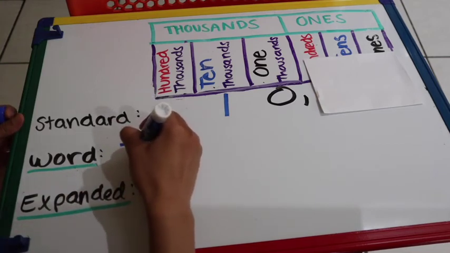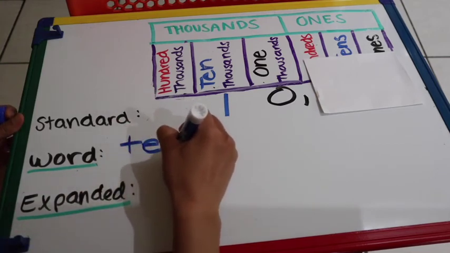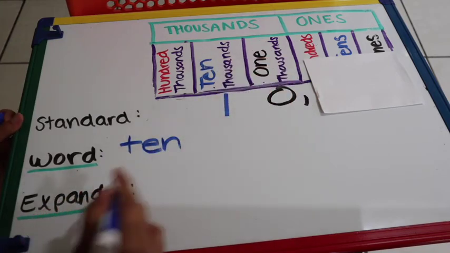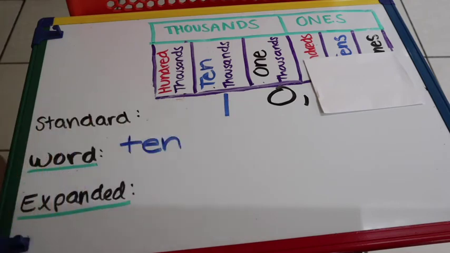Alrighty, here we go. 10. I have a 0 in the 1,000s place, so I'm just going to leave it just like that. So 10,000.